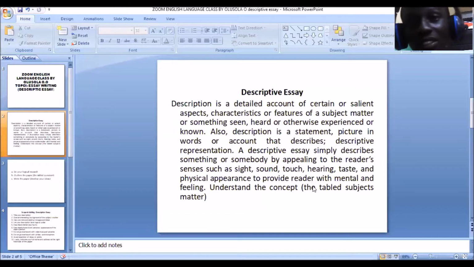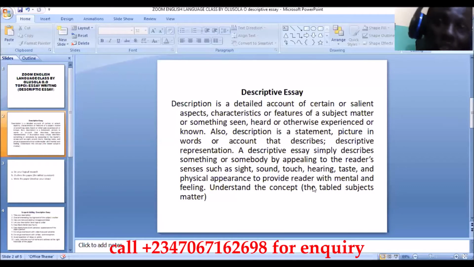I remember when I was in Nasarawa, I taught a student a descriptive essay, and I also gave that particular student an assignment. After the homework, I didn't need to ask questions about his friend. At the time I visited the school, I just walked straight to the fellow.